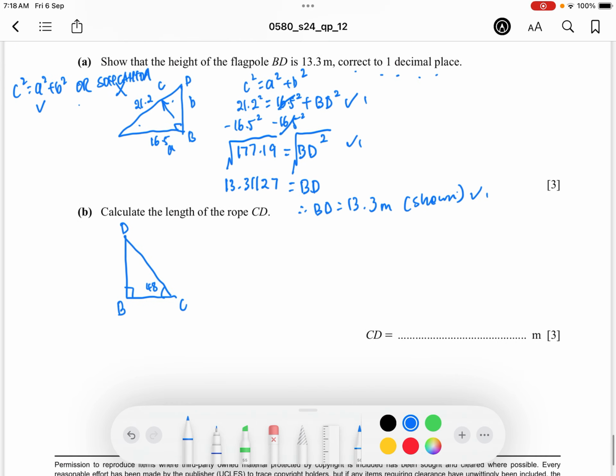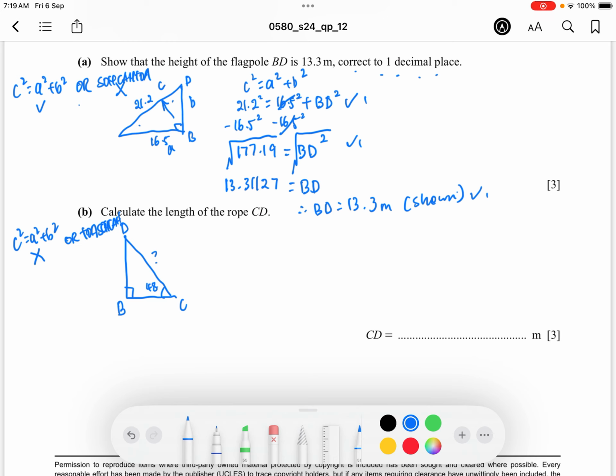Again, it's either c squared equals a squared plus b squared, Pythagoras, or SOH CAH TOA. In this case, the side is given, angle is given, that means definitely not Pythagoras theorem, but SOH CAH TOA.